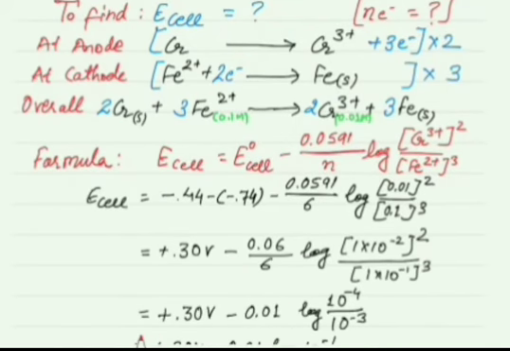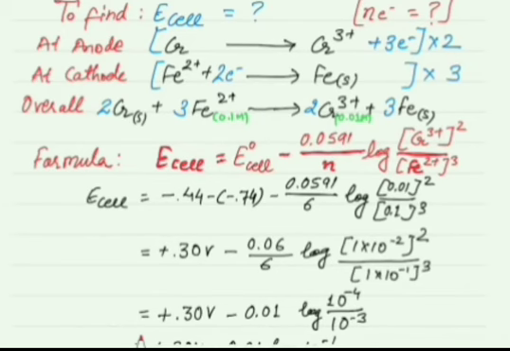So now, dear students, we will calculate the cell potential at the given concentration of the ions using the Nernst equation. So E of the cell, that is the EMF of the cell, is equal to the standard EMF of the cell minus 0.0591 divided by n, where n is the number of electrons exchanged in this redox reaction, times log of the concentration of the oxidation half cell over the concentration of the reduction half cell.